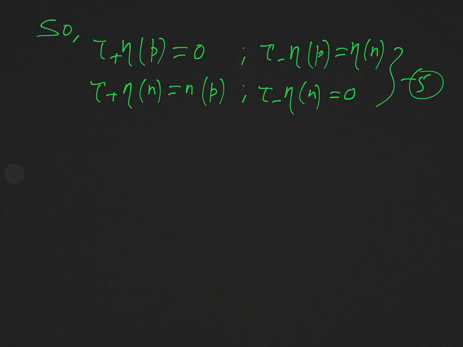Actually, we can explain these results in two ways. First of all, you can see that this is a raising operator, and when it is operated on the eigenfunction or wave function of proton, it will raise the charge by 1 unit. But as there is no nucleon with plus 2 charge, there will be no such nucleon, and so this is 0.